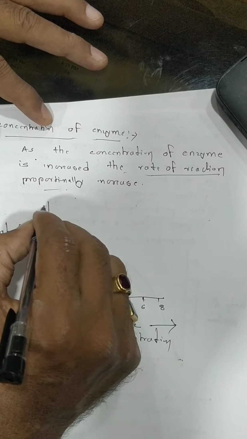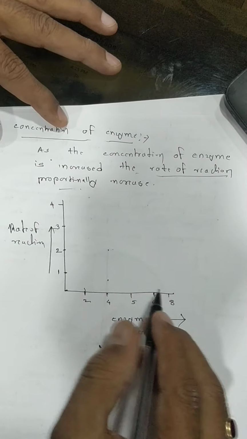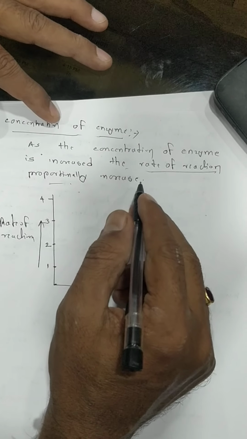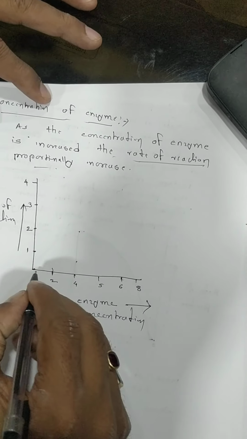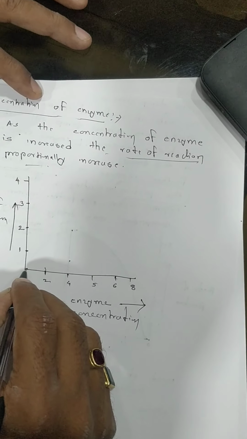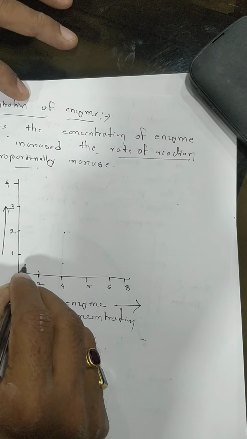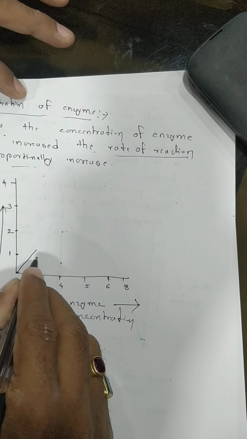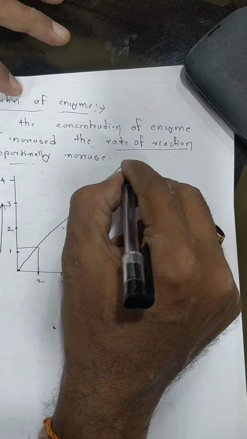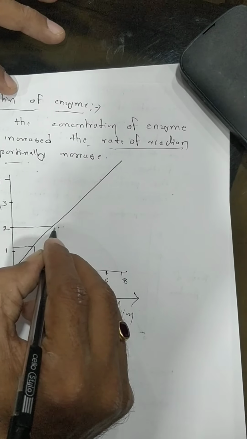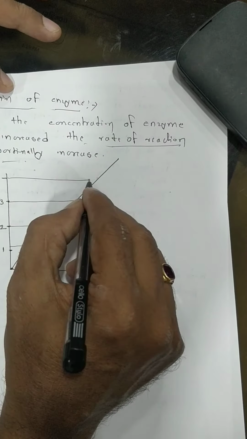Concentration is 6, the rate is 4. It means the rate is directly proportional to the concentration. See how the reaction starts. As the concentration increases, the rate is 2, then concentration increases, rate is 3, concentration increases, rate is 4.